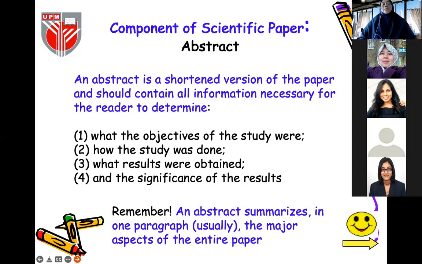What results? Of course, the significant results only. You cannot tell all results in the abstract. And the significance is actually the conclusion. So the abstract contains everything: introduction, method, results, and conclusion. Remember, an abstract is summarized in one paragraph usually.